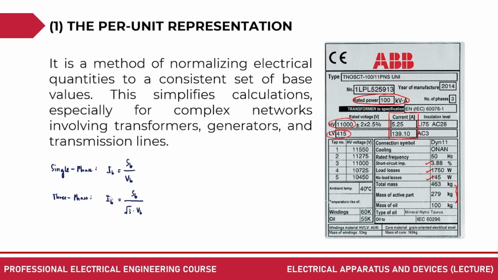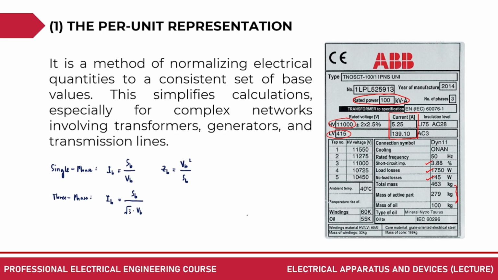I want you to see it like this, that these are all magnitudes. The base values are all magnitude only. If you want to get the impedance, it's V squared over S, and it's the same thing for three phase.